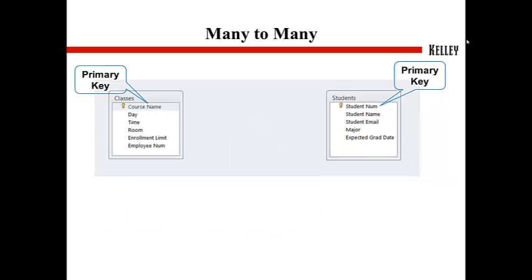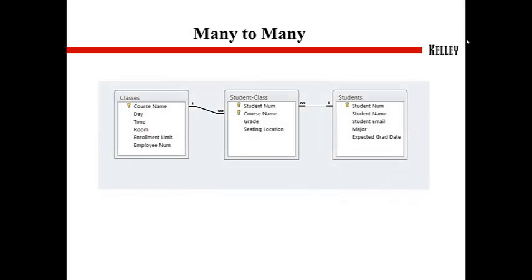The third kind of relationship is a many-to-many relationship, and in this example we have classes and students. Every class has many students registered in it, and each student can register for many classes. We can't relate these two tables directly. However, we can create a relationship between these two tables by adding a third table in between these two tables.